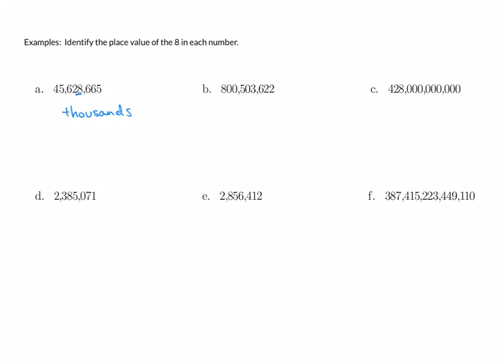All right, for example B, we have 800,503,622. We'll get about reading them in a few minutes. So let's look at the 8. The 8 is in the leftmost column. So the first thing I want to know, is it a 100, a 10, or a 1? This is 100.